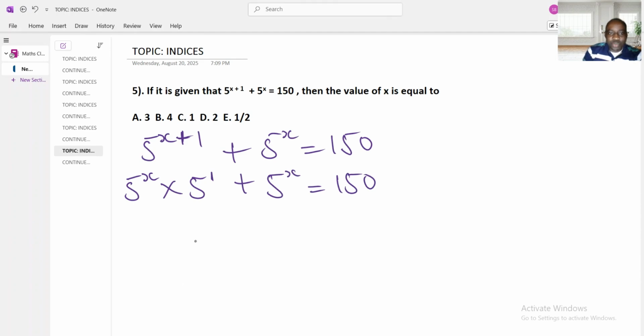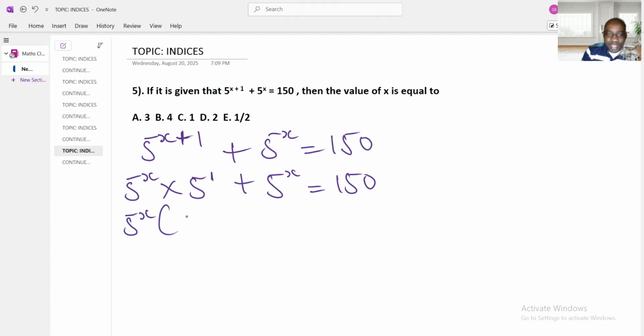The next thing we are going to do, we are going to factorize it, because this plus sign cannot combine this 5^x and this one together, because of the plus sign in between them. What is the common factor here? It is 5 raised to power x. Therefore, this one cancels out.